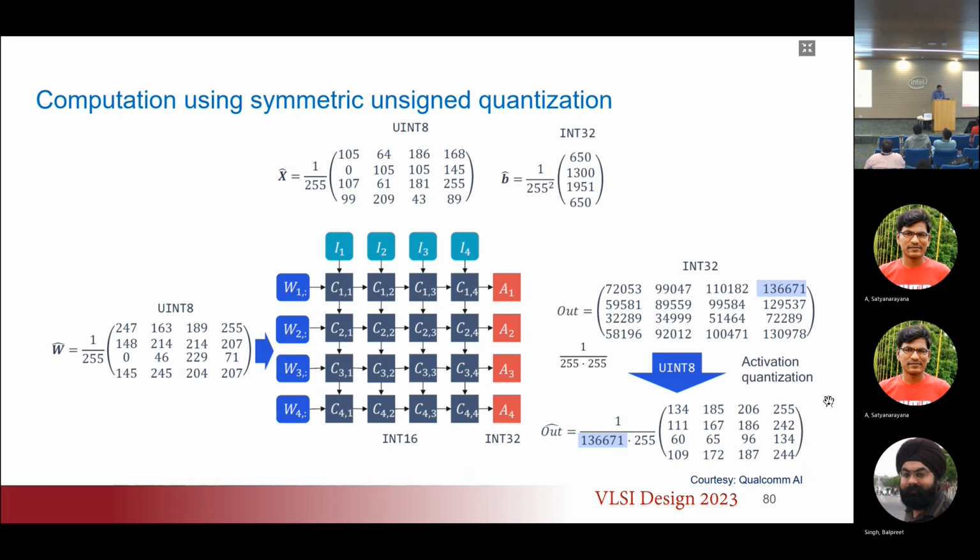Okay. So if I have an input X, and if I have weight W, then I'm doing the multiplication between X and W and computing the output. As I mentioned to you, when I do the computation, we are not doing the entire matrix at a time, but only a tile at a time.